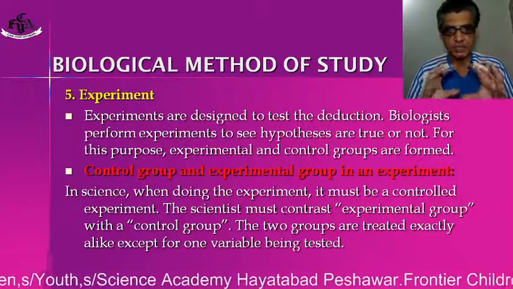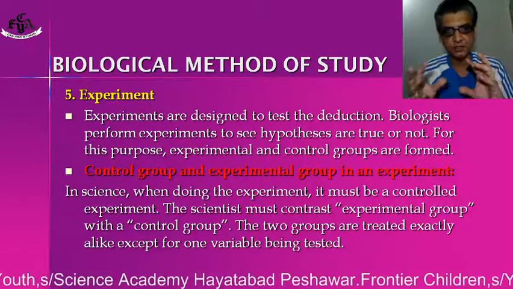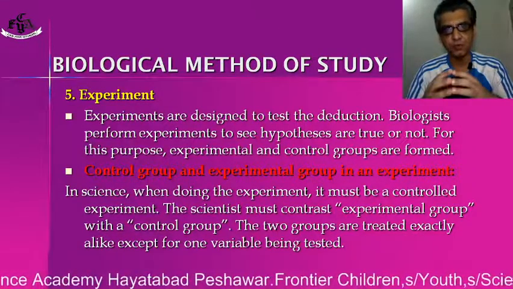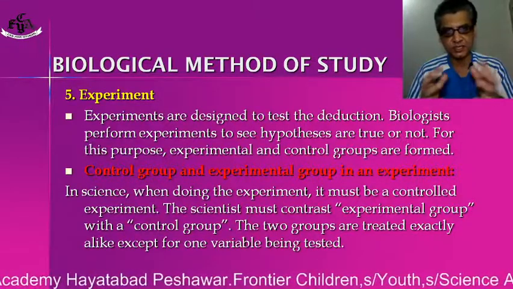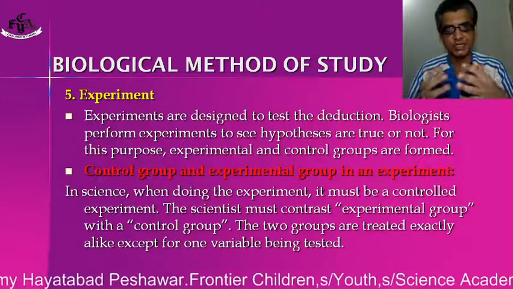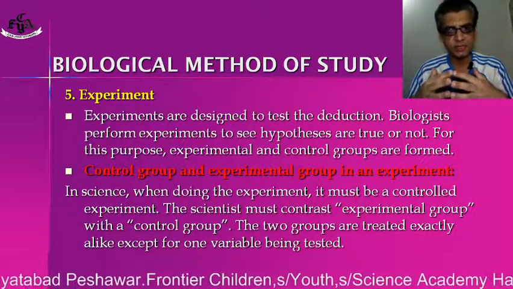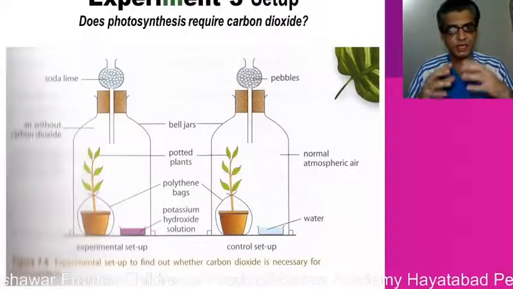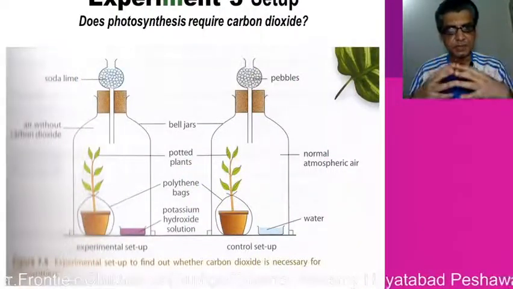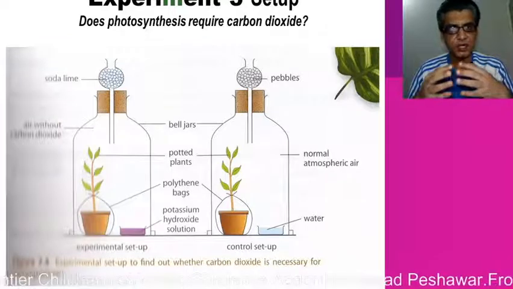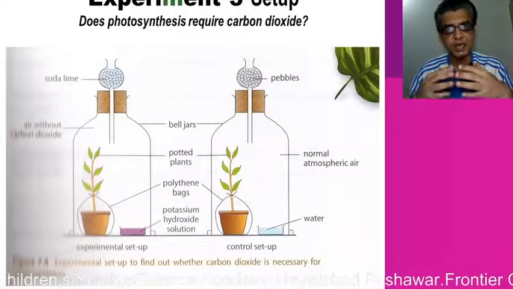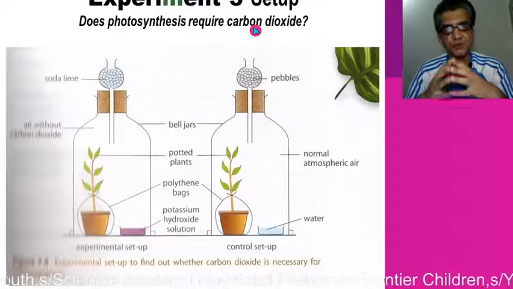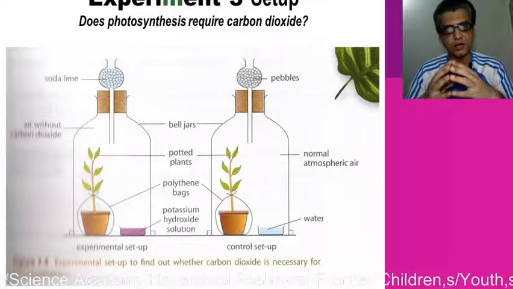I think this is a little bit difficult to understand, the difference between the control group and experimental group and such a setup during an experiment. So let's explain it with the help of an example. In this experiment we want to test whether carbon dioxide is necessary for photosynthesis or not.